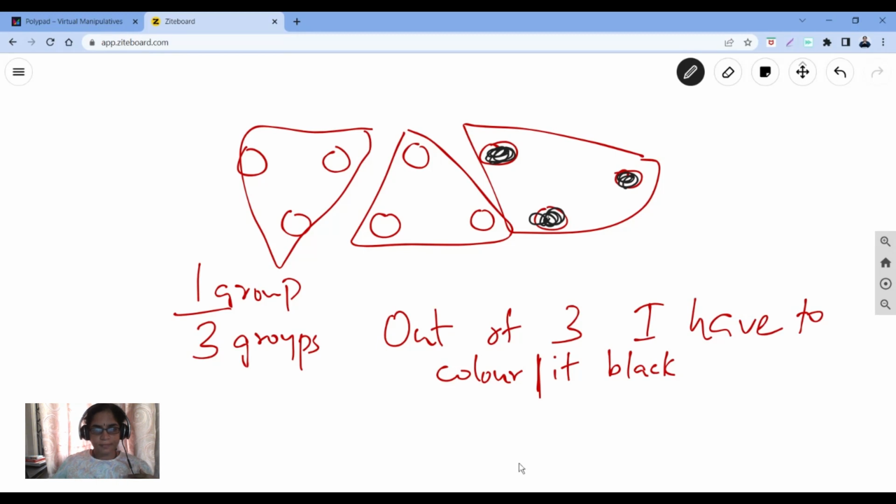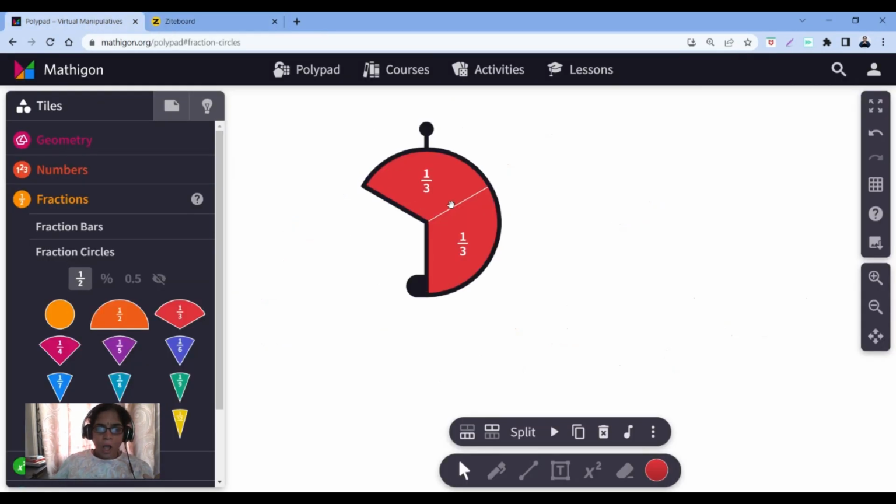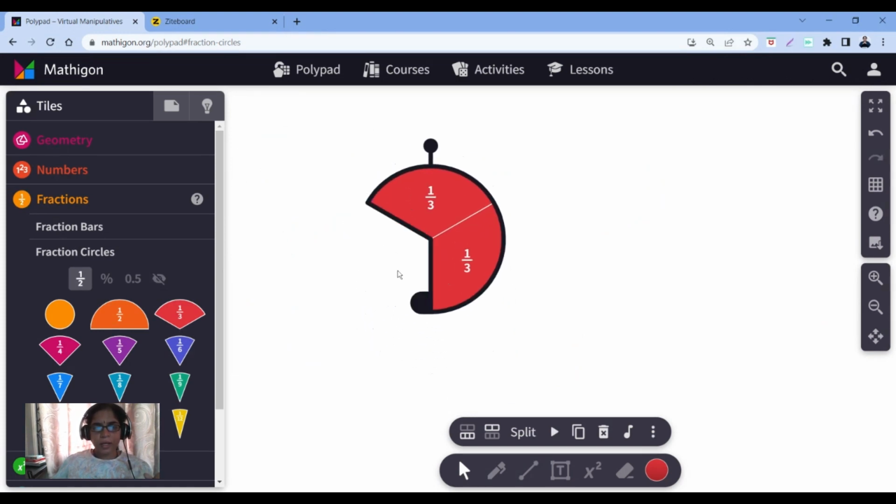So a fraction is not an absolute number. It is a relative number, like father's father is grandfather. One third means out of three it is one. Two thirds means out of three parts, I'm going to take two.